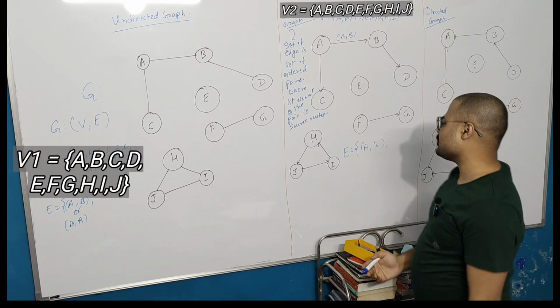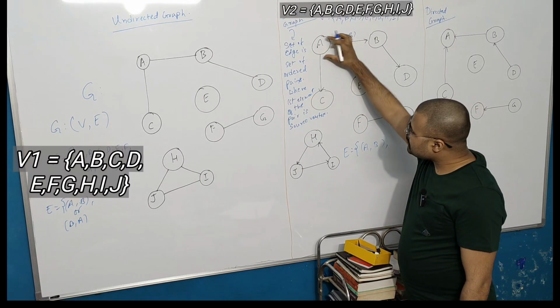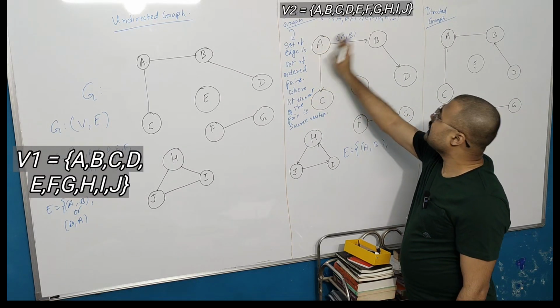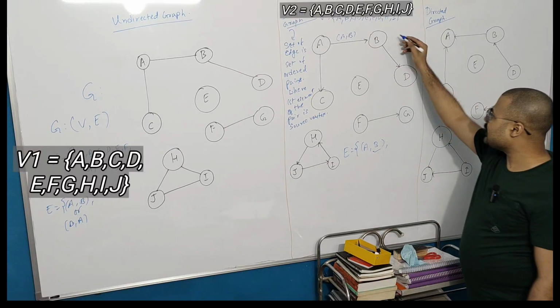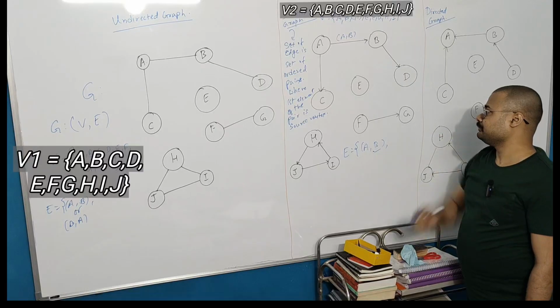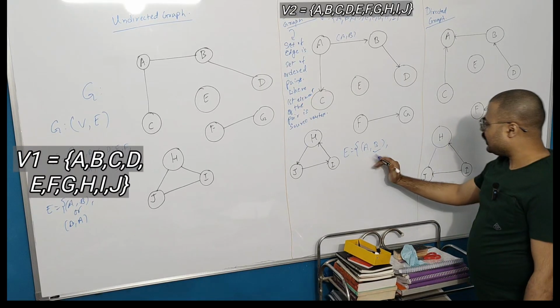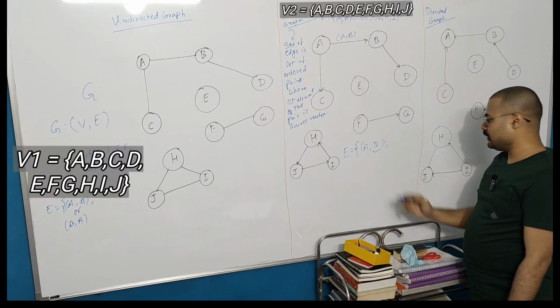I should not be using those terms right now, but the first element is that vertex from where the edge is emanating, and the second element of the ordered pair is that vertex where the edge is coming. So A comma B means that an edge is coming from A to B.